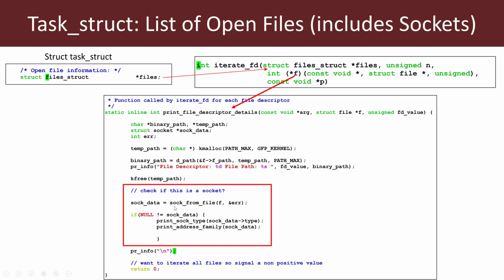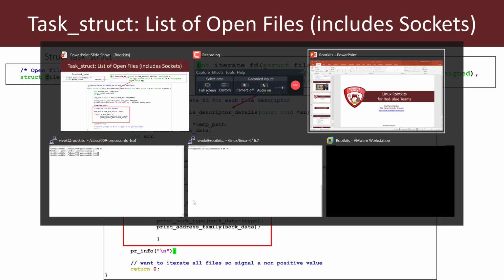To check that, we have a function called sock_from_file, where we pass in this file as input. If it is a socket, then we get back a non-null value. If that is the case, we print the sock type as well as the address family. More on this when we look at the code. So let's jump right in.